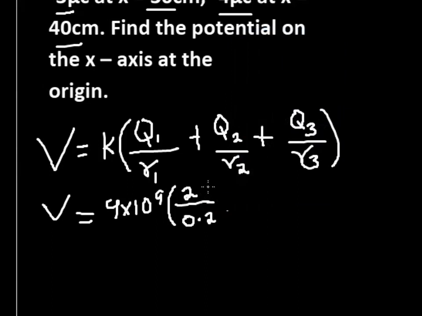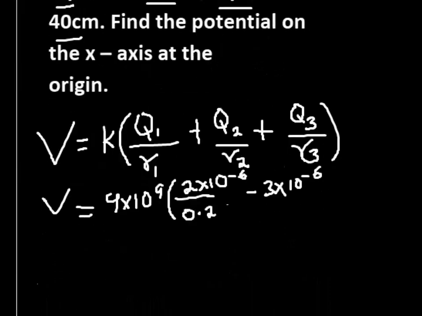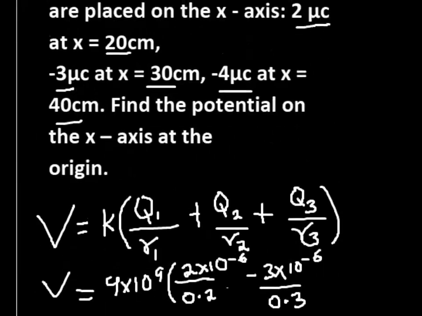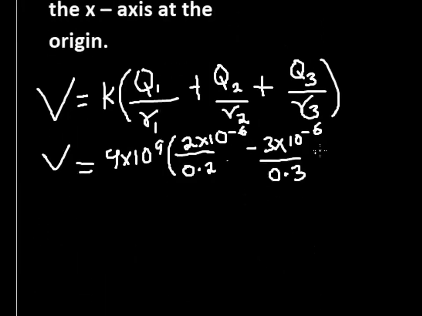It is very important that you convert the microcoulombs. So here I now have 3 times 10 raised to the power of minus 6, divided by the distance of 30 cm, so 0.3. Then the next one is minus 4 microcoulombs, at 40 cm.